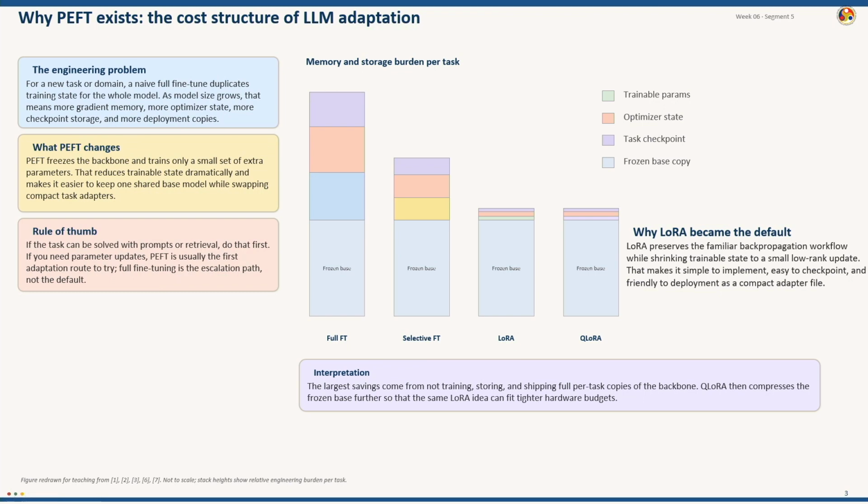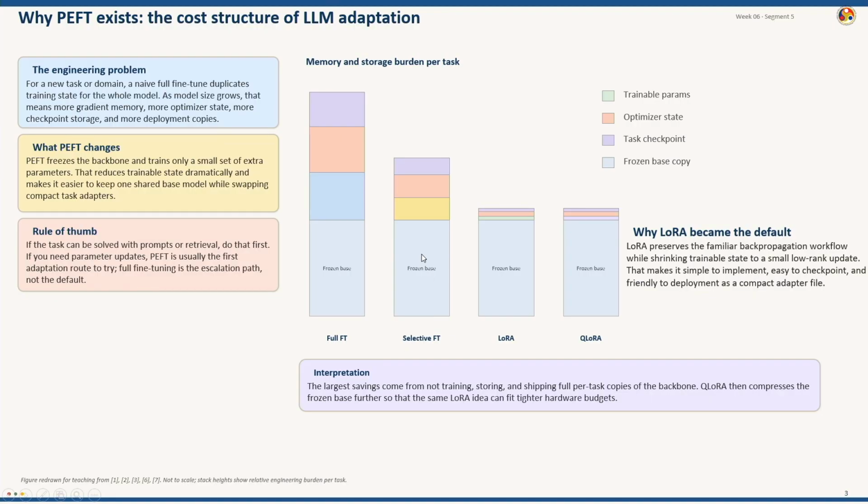We will come to these, but full fine tuning we have already seen, supervised full fine tuning. There the trainable parameters, optimizer state, all these are the same size as your frozen base, so you have the same size full parameter fine tuning.